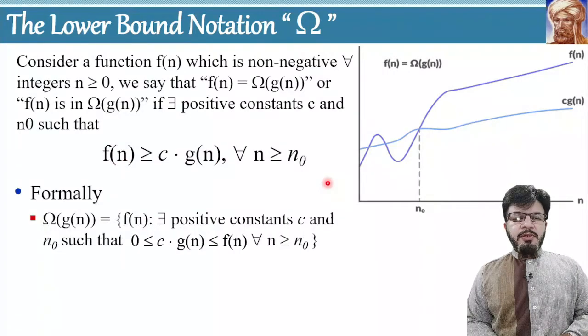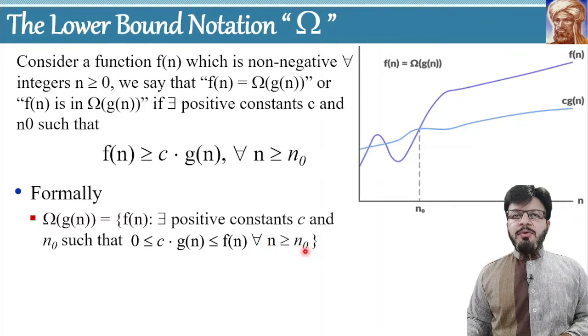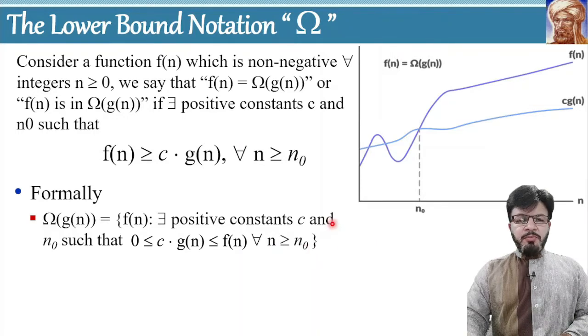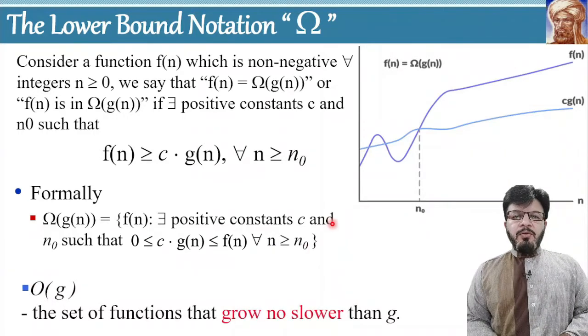Omega of g of n is equal to the set of all f of n such that there exist positive constants c and n naught such that f of n is a non-negative function and f of n is greater than or equal to c g of n for all n greater than or equal to n naught. So it means we can say omega of g means the set of functions that grow no slower than g.